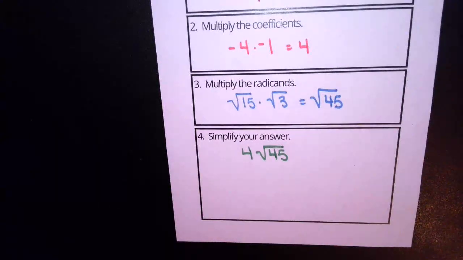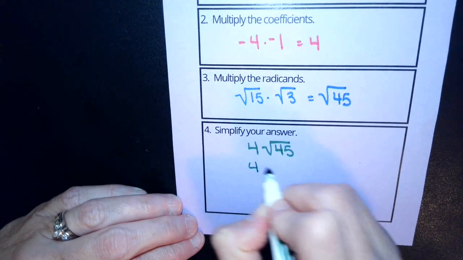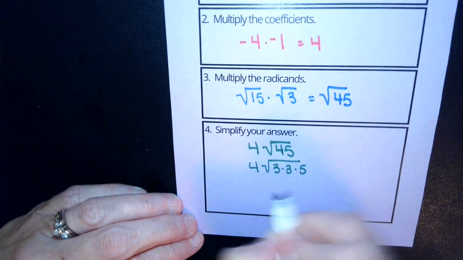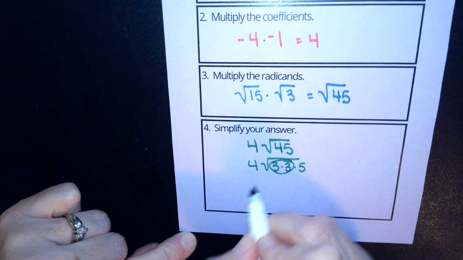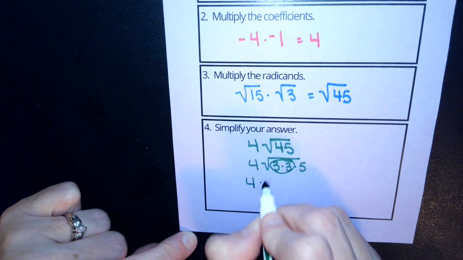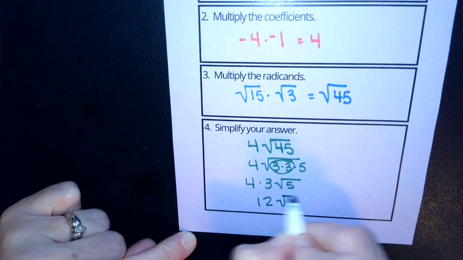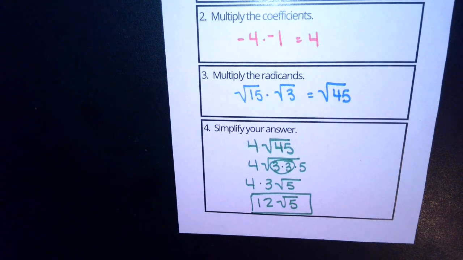And in this case, it's 3 squared times 5. So we have 4 times the square root of 3 squared times 5. So I have a pair of 3's. That 3 needs to come out front. So we have 4 times 3 times the square root of 5. So in simplest form, this is 12 square root of 5.